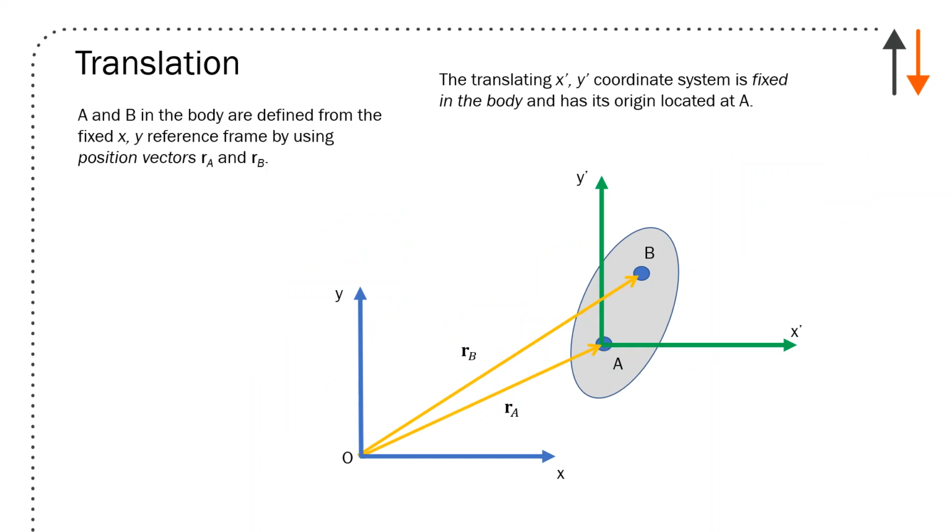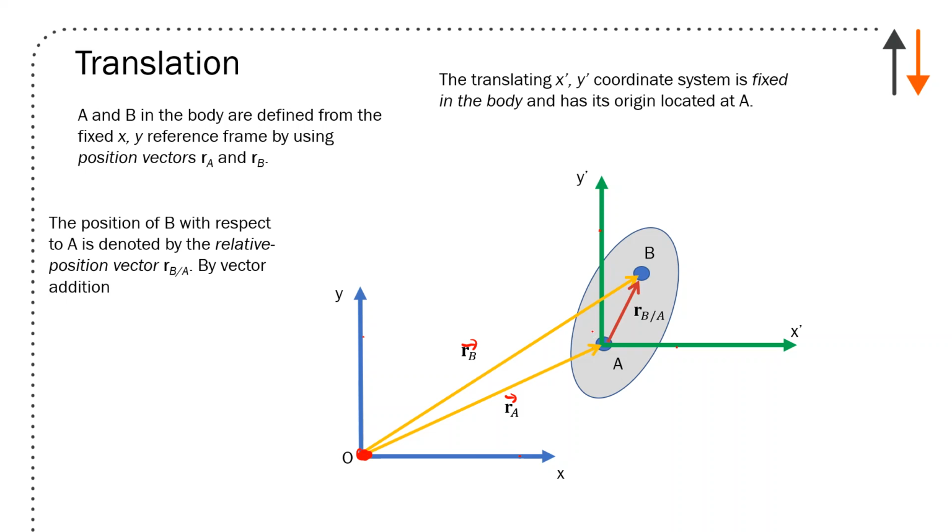And here I'm going to define two coordinate systems, x and y, x prime and y prime. I'm going to define, with respect to an origin at O, a distance r sub A, which is a vector, and a distance r sub B, which is also another vector. So this goes from here to here.